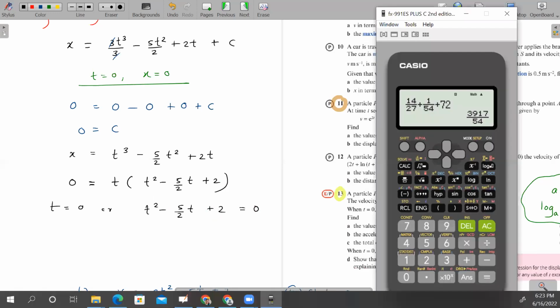You can even check it quickly from the calculator, just to see whether we get roots or not. So x square minus 5 over 2x plus 2. What do I get? I think you can see I get roots in terms of i. Complex roots, which means there are no real roots.